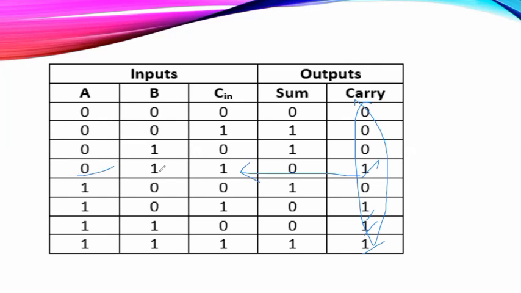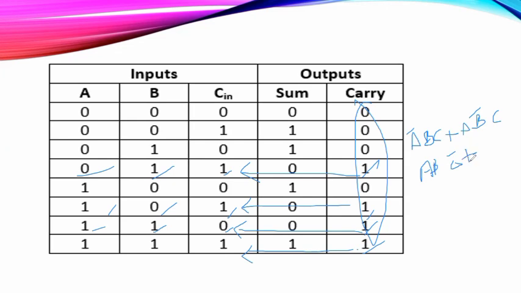So in this A bar, B, C, and here it is A, B bar, C, and in this we will be getting A, B, C bar, and this one is A, B, C. So A bar, B, C plus A, B bar, C, plus A, B, C bar plus last one is A, B, and C. Okay.